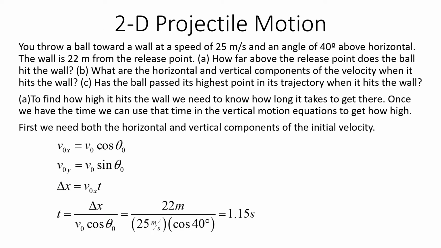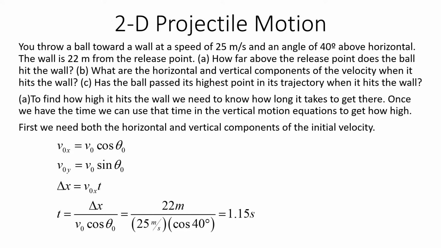All right, so first let's find both the horizontal and vertical components of the velocity. So we're given the angle is 40 degrees above the horizontal. So in the x direction we have v naught cosine theta, and in the y direction we have v naught sine theta. And then we also know that the distance delta x is v naught x times t.